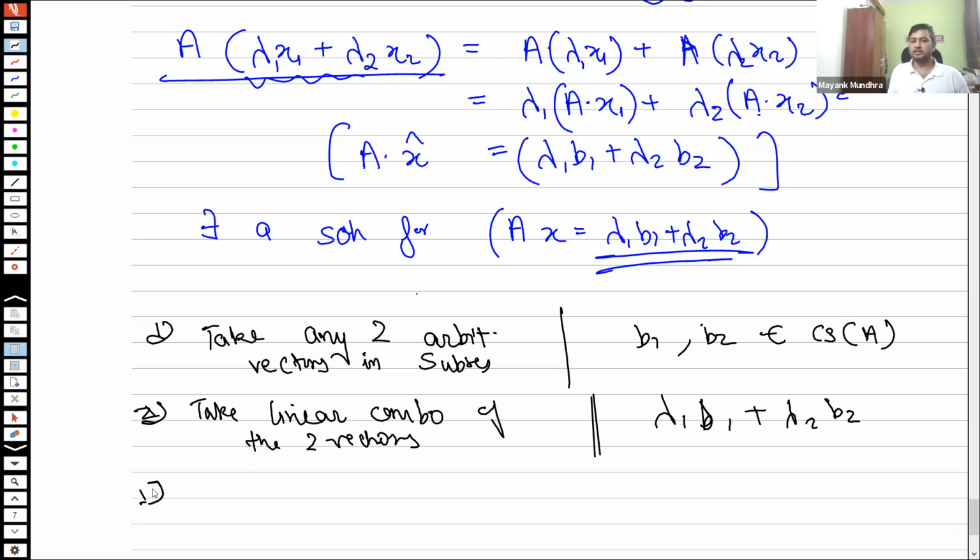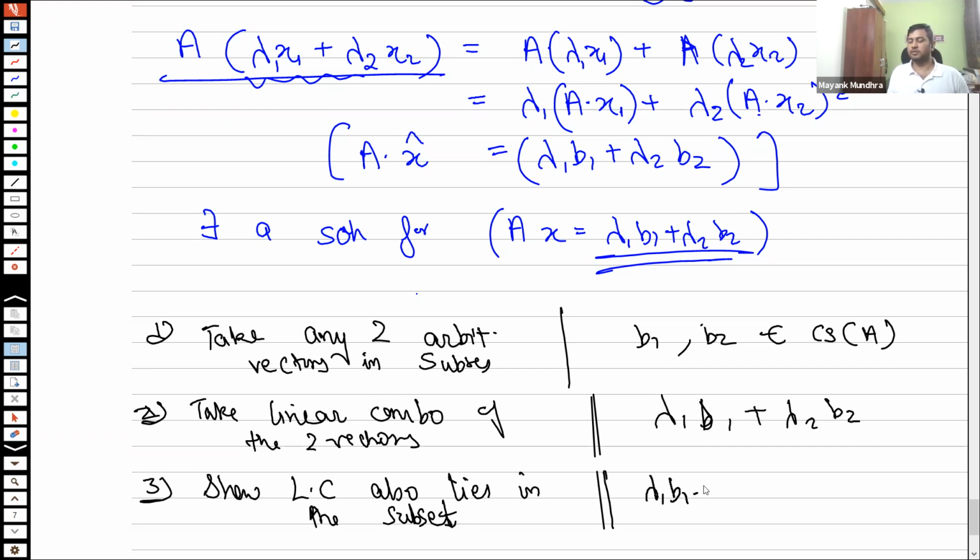And step three is to simply show that the linear combination also lies in the subset. This is what we showed when we showed that lambda 1 b1 plus lambda 2 b2 also belongs to the column space of A. So these are three generic steps to show that anything is a subspace.